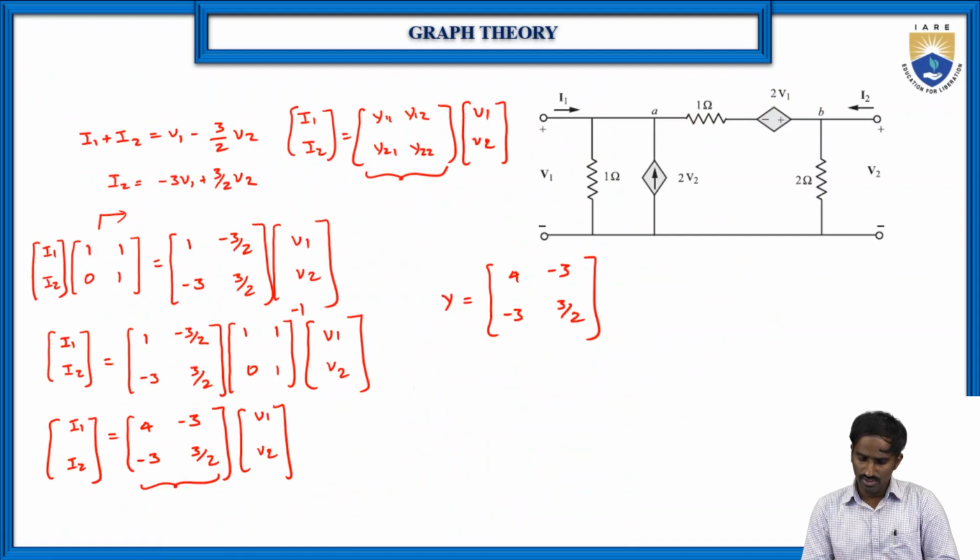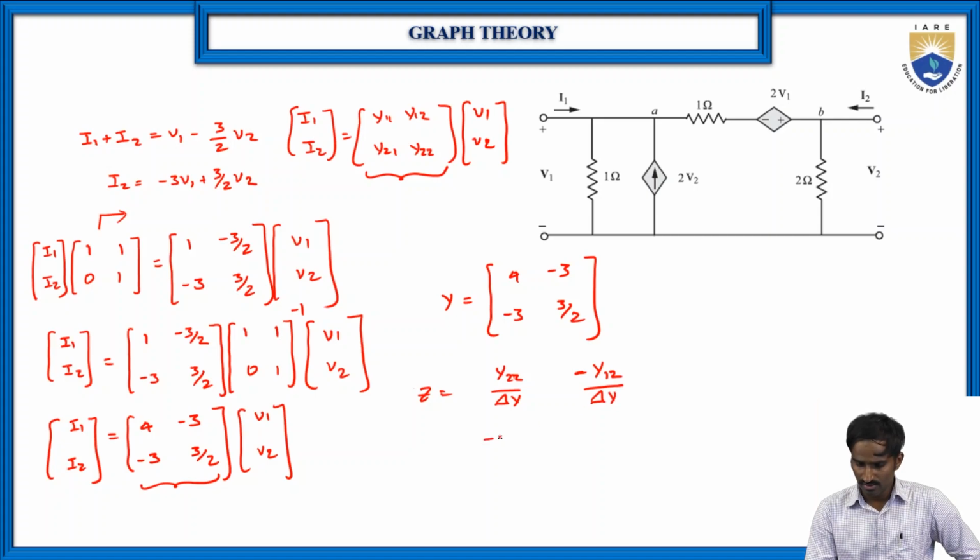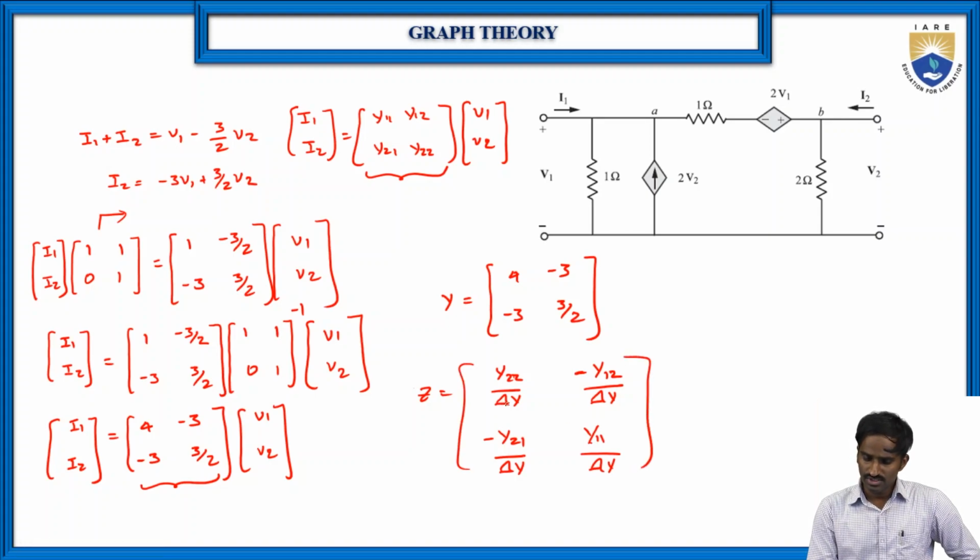So here z is equal to y22 by delta y, and here minus y12 by delta y, and here minus y21 by delta y, and here y11 by delta y. So this is the z equation.